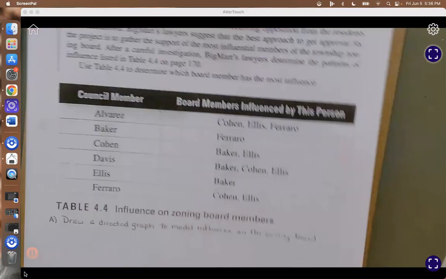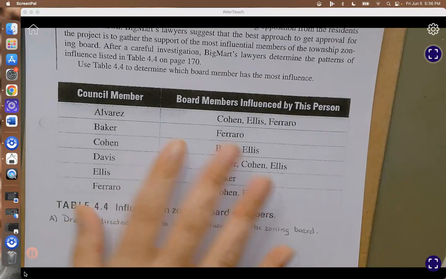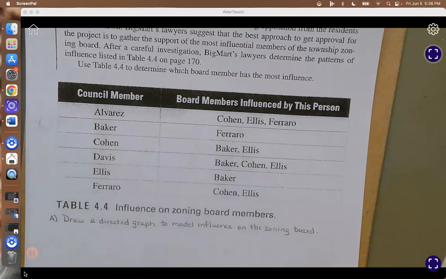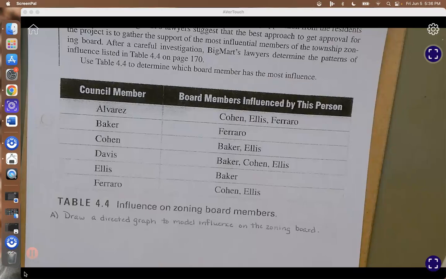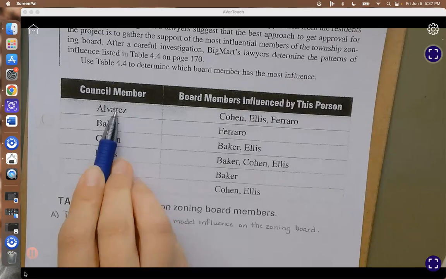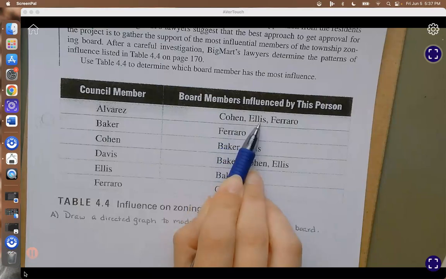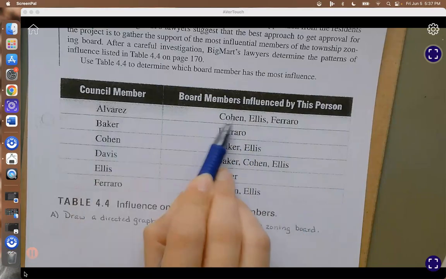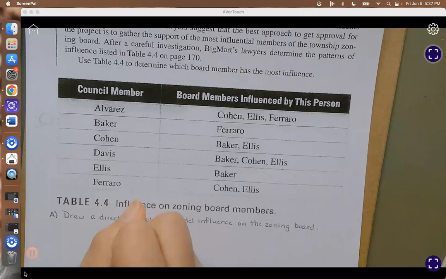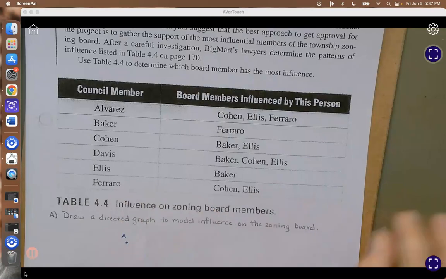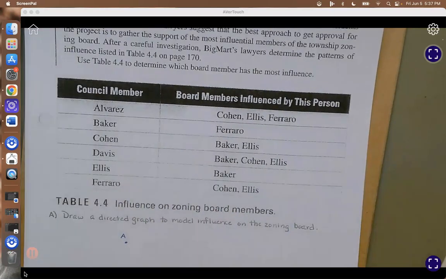Okay, so the first thing we're going to do is draw a directed graph. Council member Alvarez has influence over Cohen, Ellis, and Ferraro. So that means he tells things to these people. We're going to put Alvarez here, and let me find my little ruler.